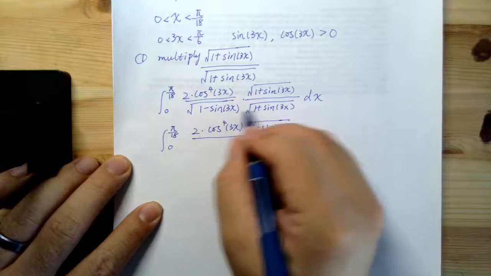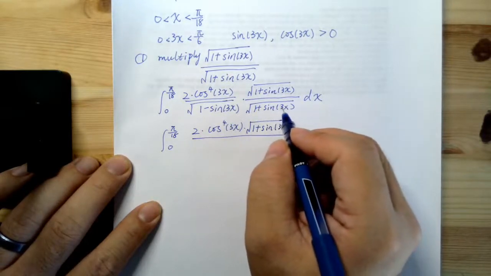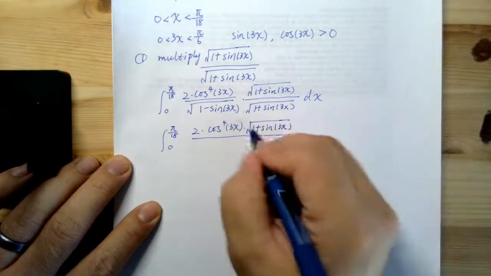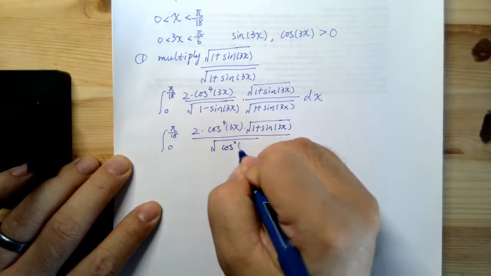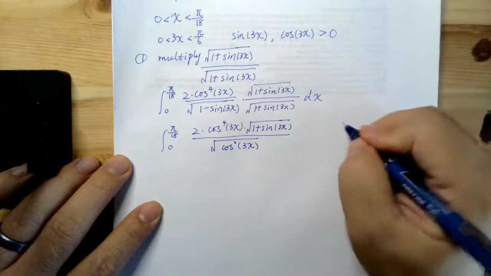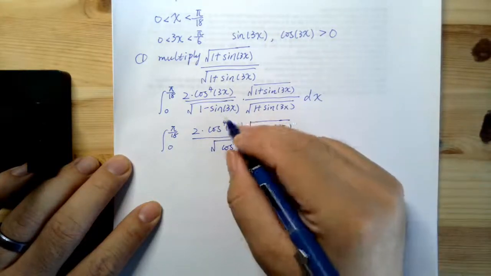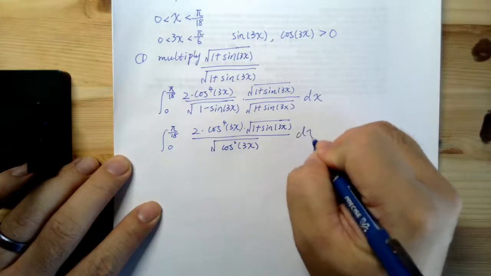Like we said, on the bottom it's 1 minus sine squared 3x, and that is cosine square 3x, since 1 minus sine square 3x is cosine square 3x, and then dx.